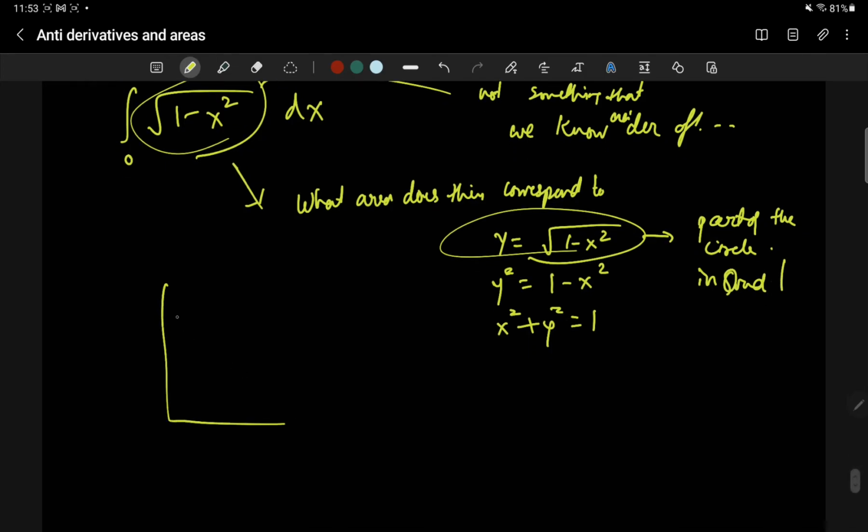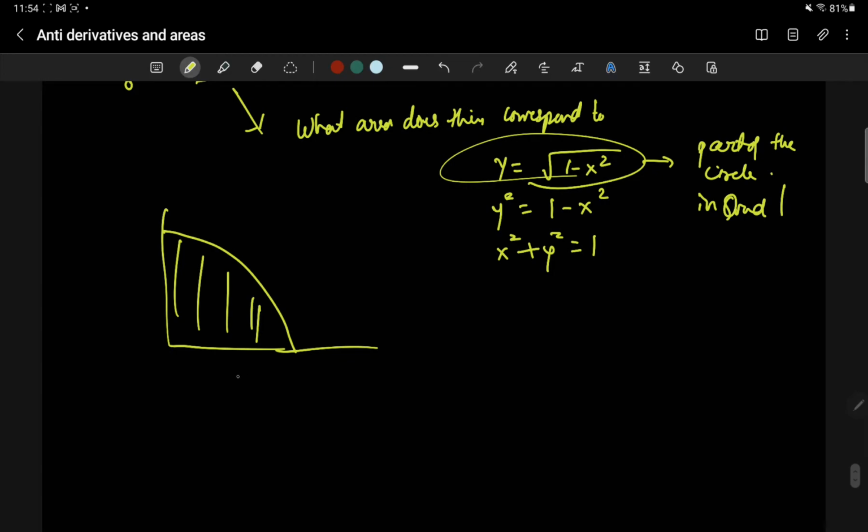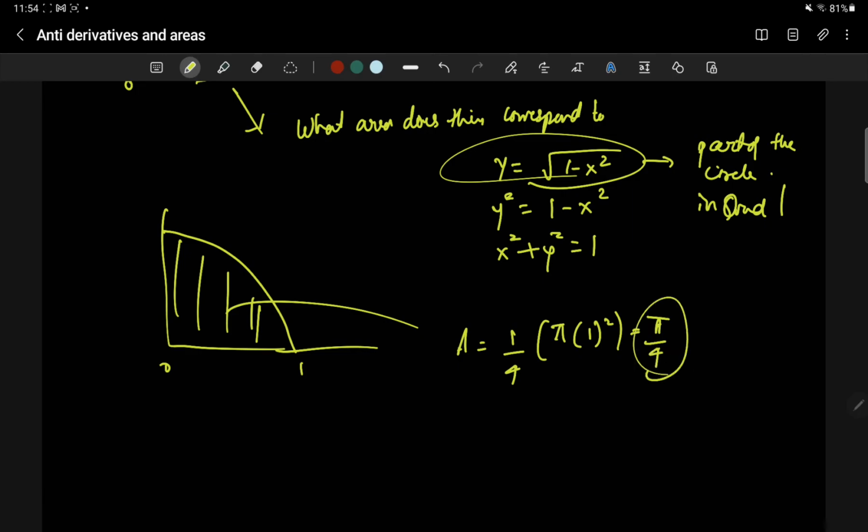If you plot this, the integral represents this area. From 0 to 1, we know how to find this area. This area is 1/4 of the area of the circle, pi r squared, so it is just pi over 4. Therefore, you can say that the integral from 0 to 1 of square root of 1 minus x squared dx is pi over 4.